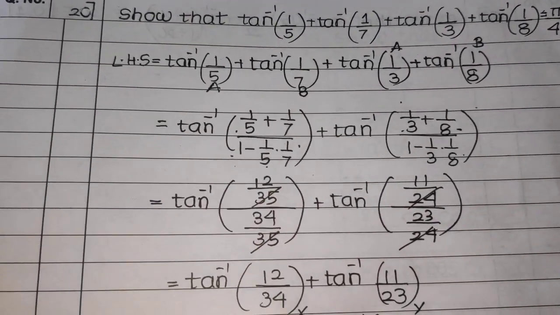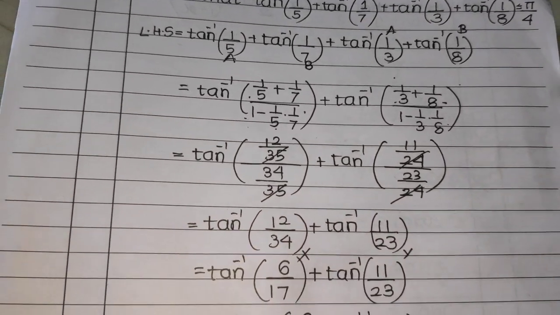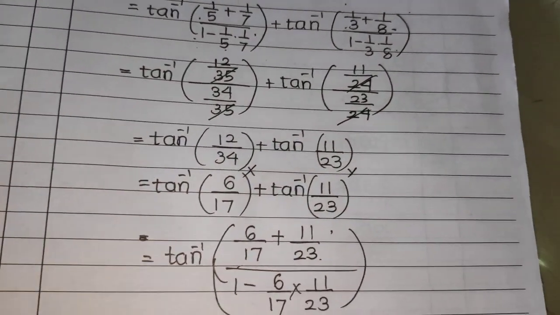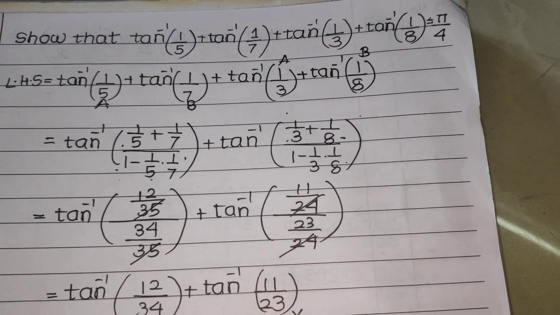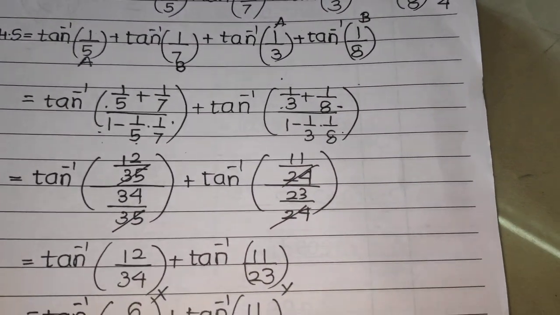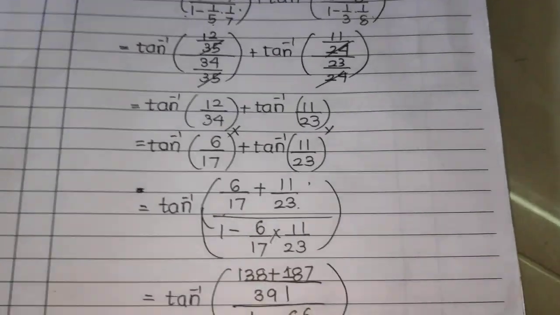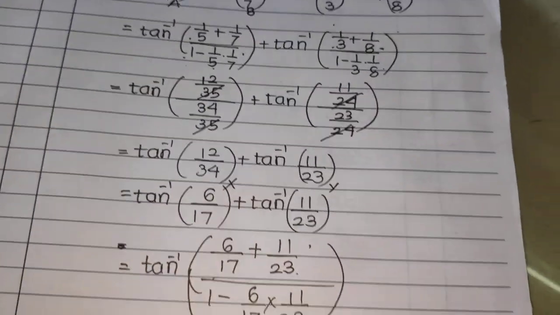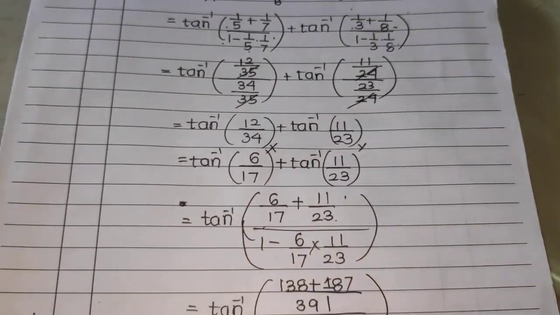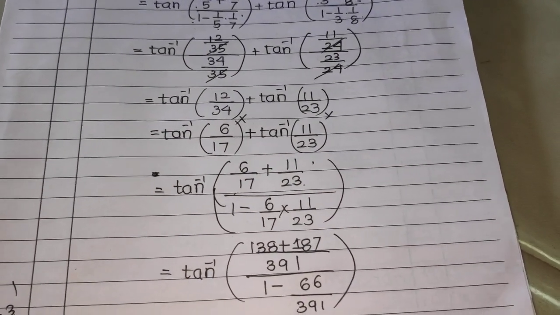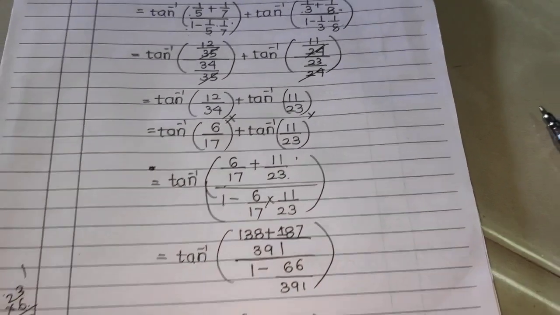So I took the first tan inverse 1 by 5 plus tan inverse 1 by 7. We have solved it till tan inverse of 6 by 17. Then we took tan inverse of 1 by 3 and 1 by 8 together. We came till tan inverse of 11 by 23. And once again tan inverse of x plus tan inverse of y, that is tan inverse of x plus y upon 1 minus xy. So that's what we have.